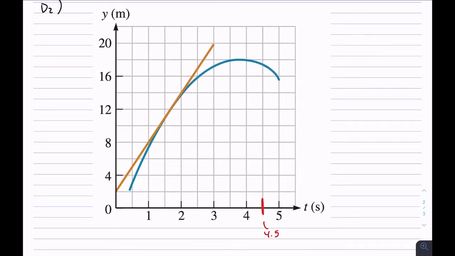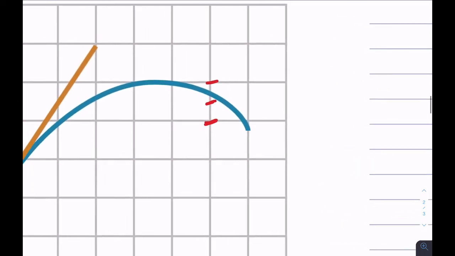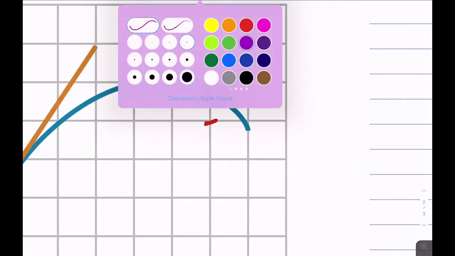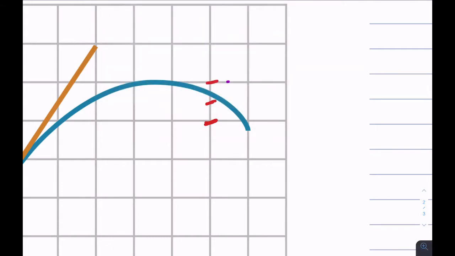Okay, well, we have 16, 17, 18. Now if I zoom in a little bit, you can see that the line actually falls between 17 and 18.